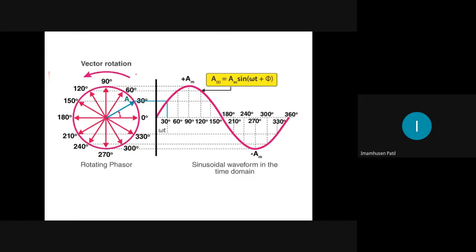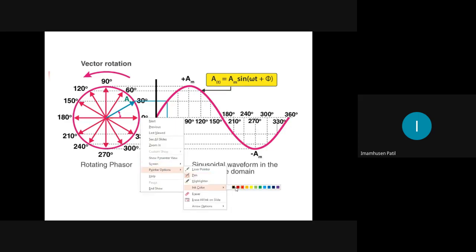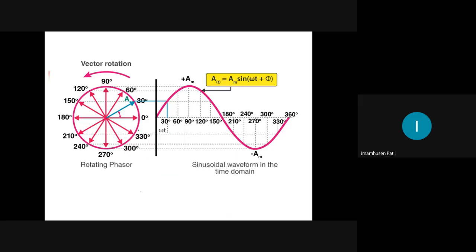Now you can see this is the diagram. This is the vector here. If you look in this direction, you will get 0, nothing along with this phasor. Voltage is 0 here.